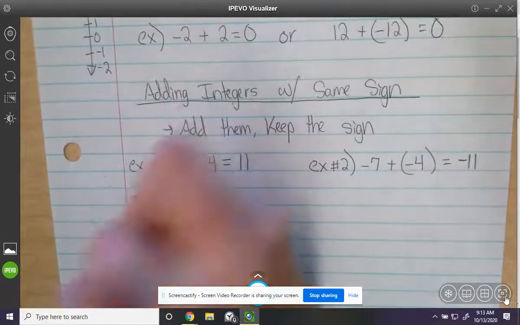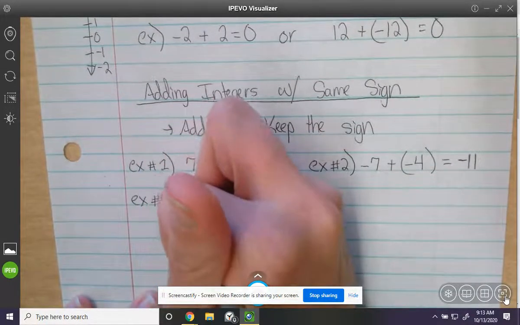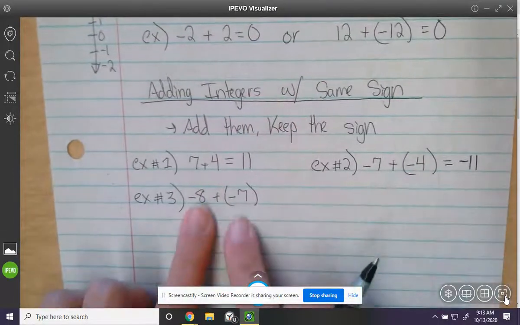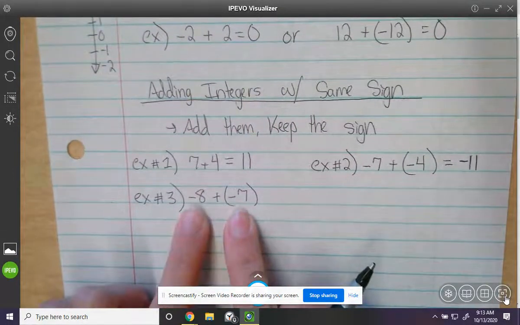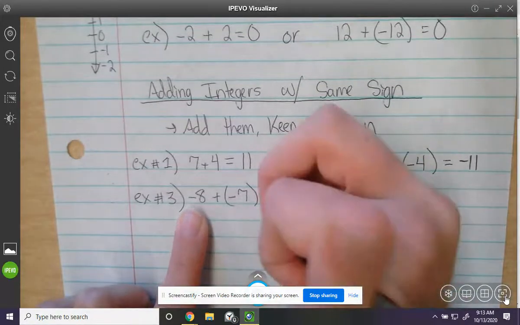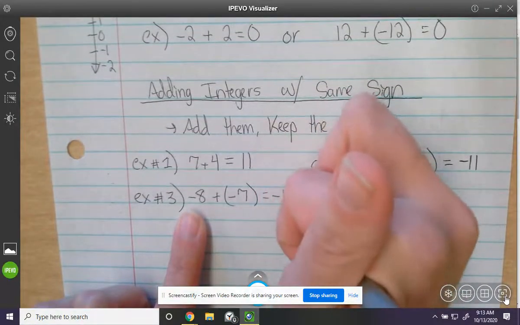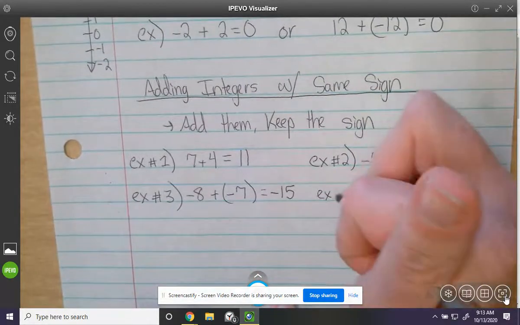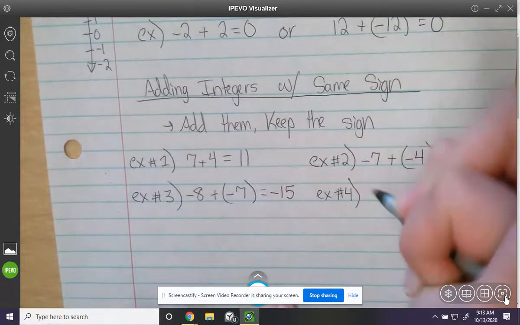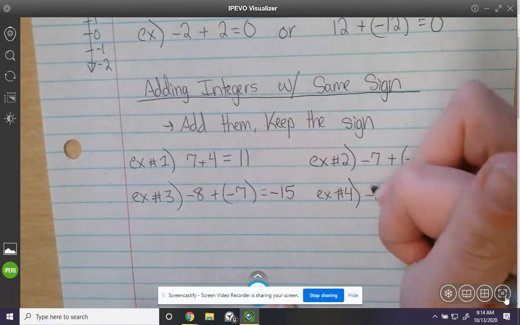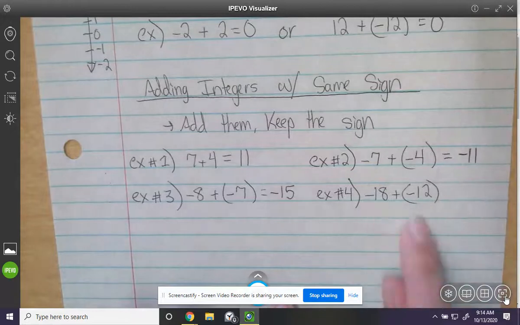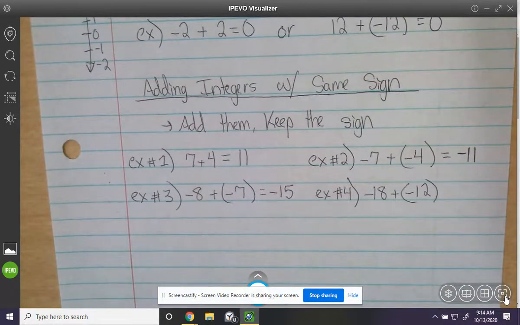Example number 3, -8 plus -7. Another way I always tell people, if I owe you $8 and then I owe you 7 more, I end up owing you $15. Just add them, keep the negative sign. Okay, try this one on your own. -18 plus a -12.